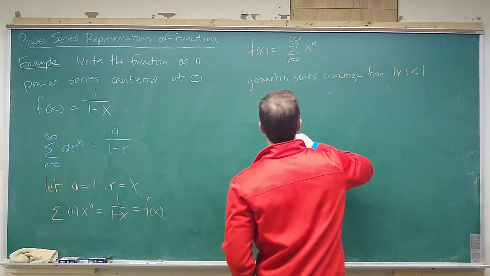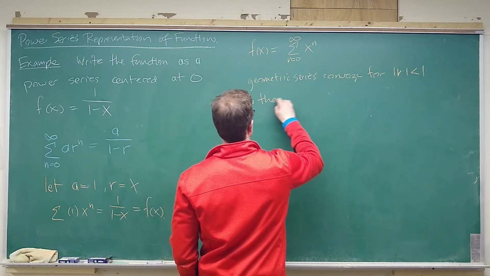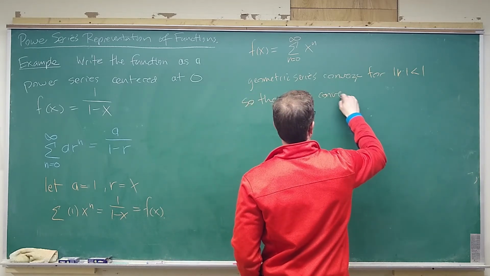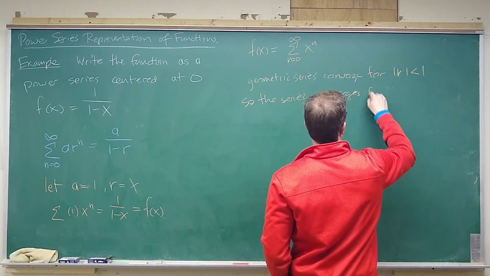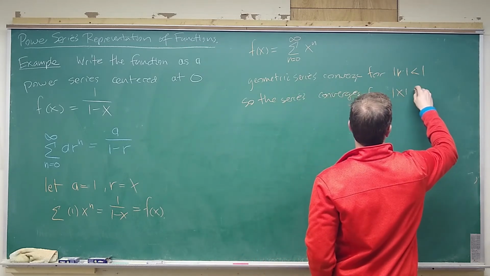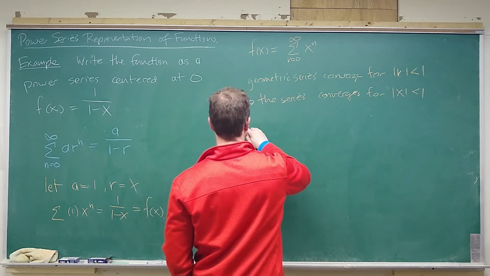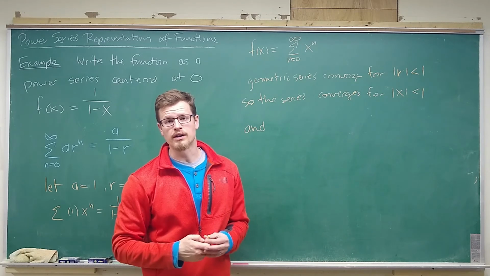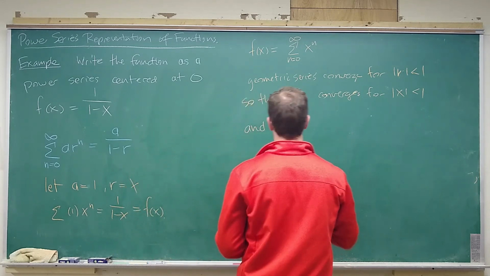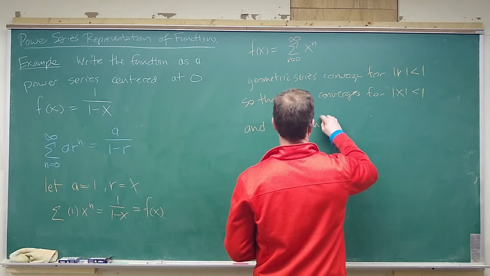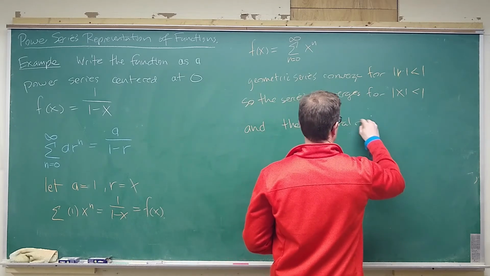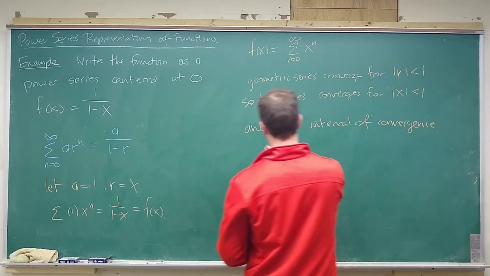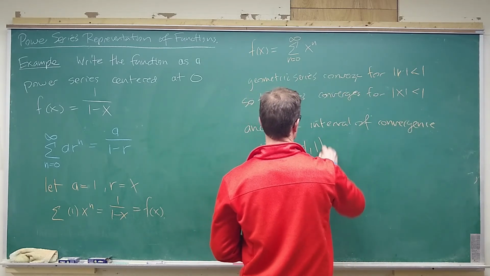In this case, r is just x. So the power series converges for the absolute value of x less than 1. That tells us that the radius of convergence is 1, and that the interval of convergence is from -1 to 1.